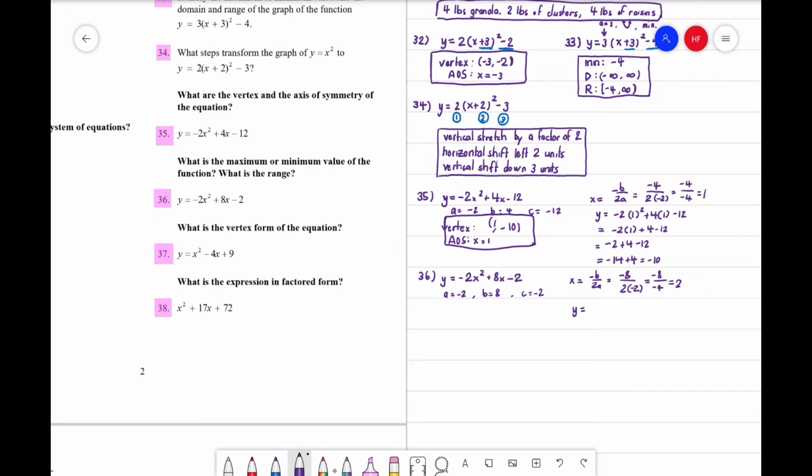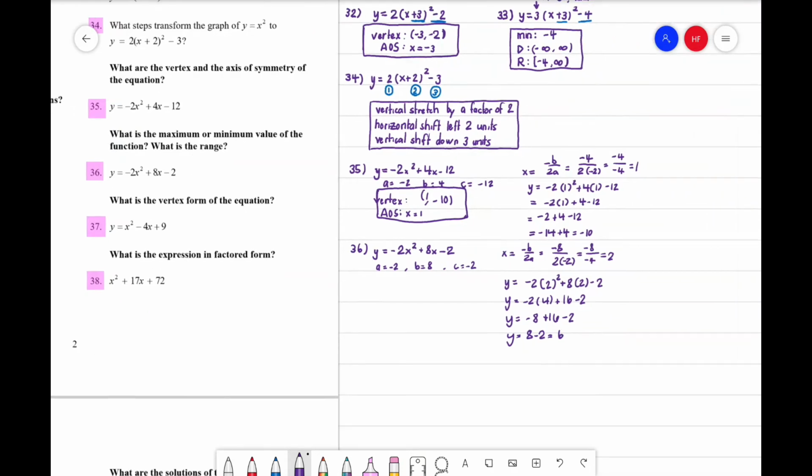So we have negative 2 times positive 2 squared plus 8 times positive 2 minus 2. Negative 2 times 4 plus 16 minus 2. Negative 8 plus 16 minus 2. 8 minus 2, 6.